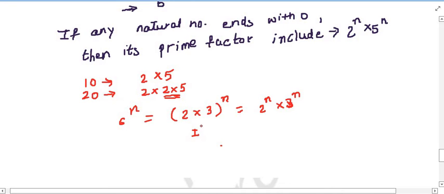Prime factors of 6 raised to the power n do not include 5 raised to the power n. Hence, 6 raised to the power n cannot end with digit 0 for any natural number.